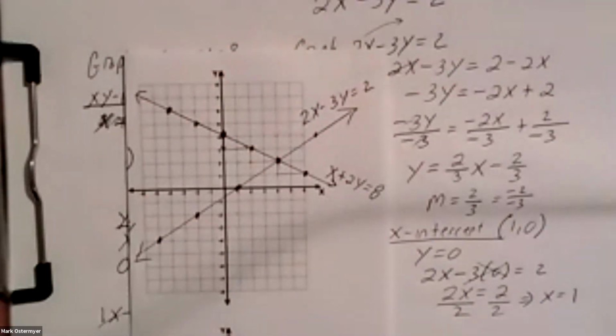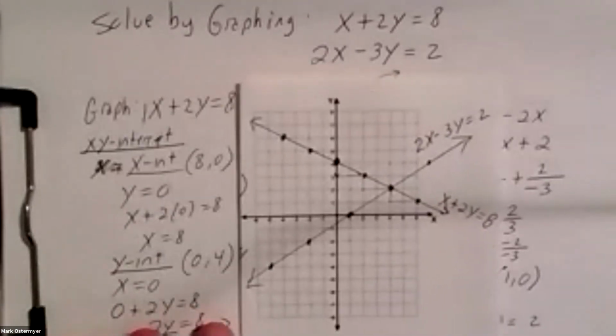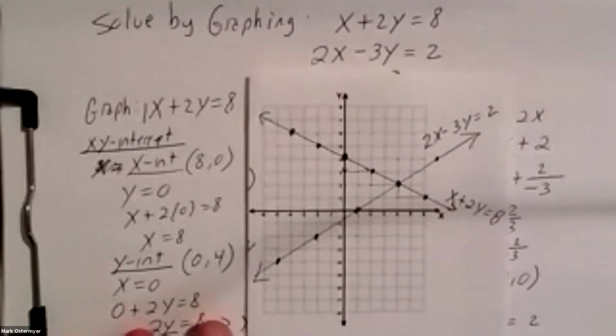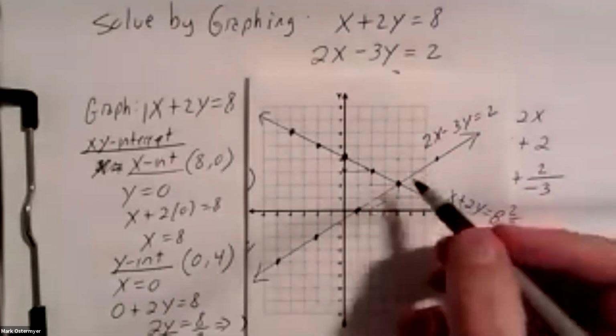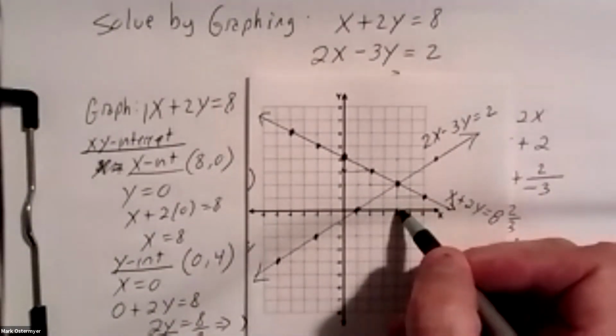All right, ladies and gentlemen, now that we graphed both these equations in this system, does it appear that this system has a solution? And if so, what is it? Does that system have a solution? Yes, it's (4, 2). Okay, so it's our point of intersection here. And the ordered pair address of that point is 1, 2, 3, 4, 1, 2.